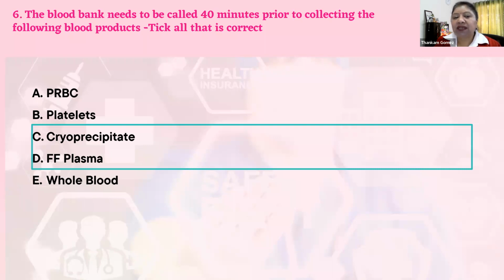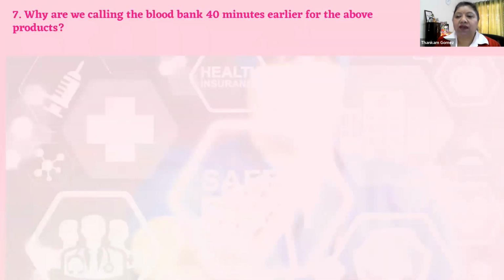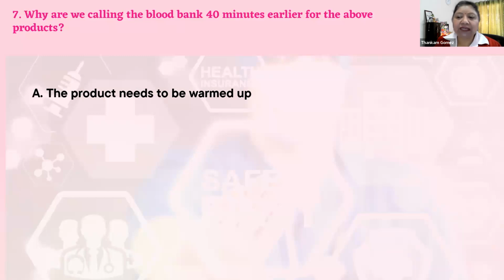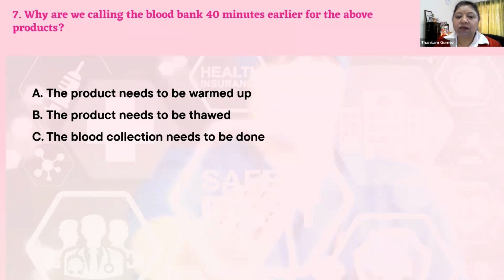So cryoprecipitate and fresh frozen plasma, both. Okay. So if you are giving them, you have to call the blood bank 40 minutes early. And why are we calling them is the next question. Why are we calling 40 minutes early? The product needs to be warmed up, the product needs to be thawed, the blood collection needs to be done, all of the above.